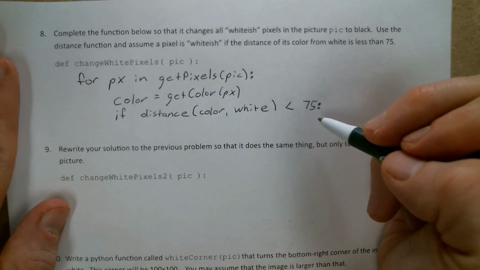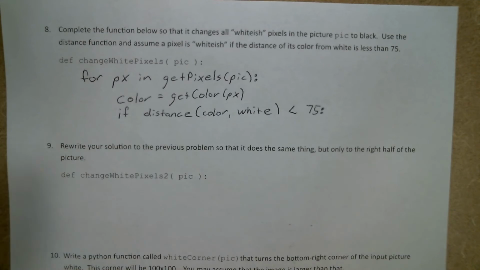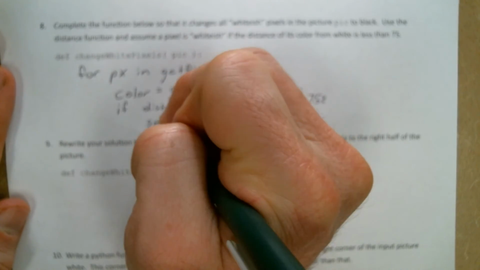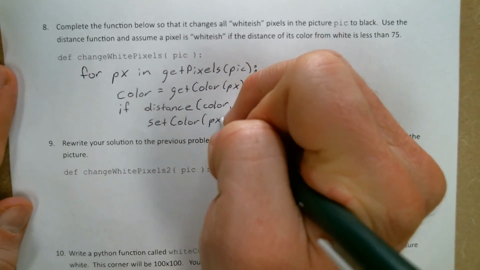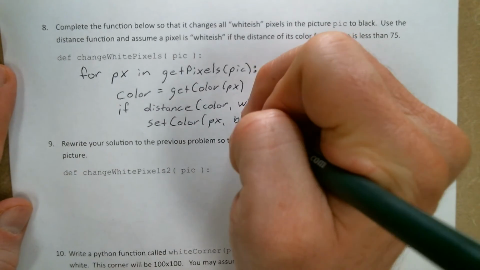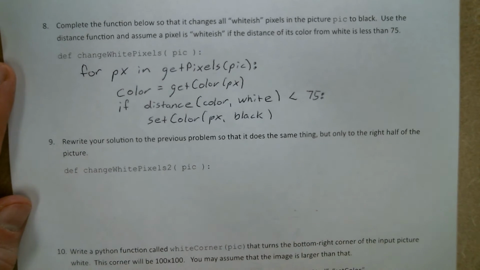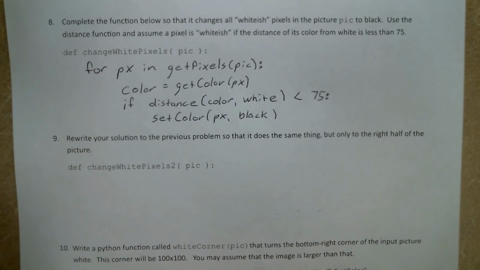If it's less than 75, that means the color is whitish, it's close to white. So we're going to set the color of px, and it tells us that it wants us to set it to black. And again, black is a reserved word, so we can just say set color to black. We don't have to do anything special there. Okay, so that would be this.